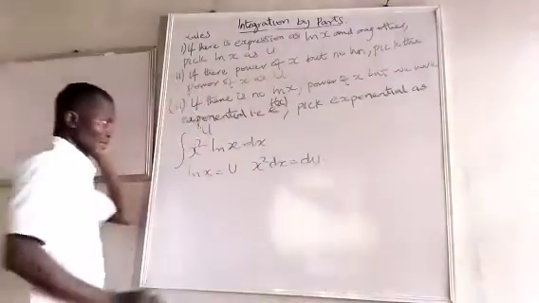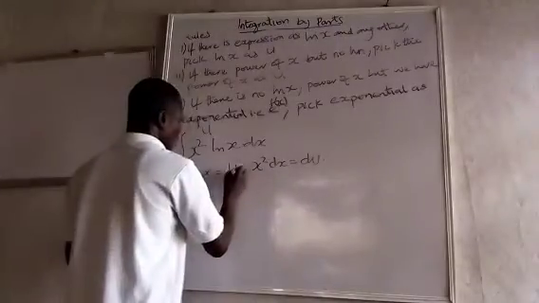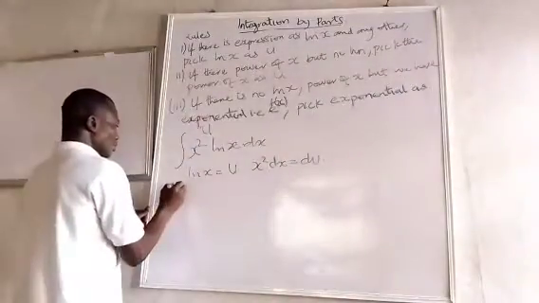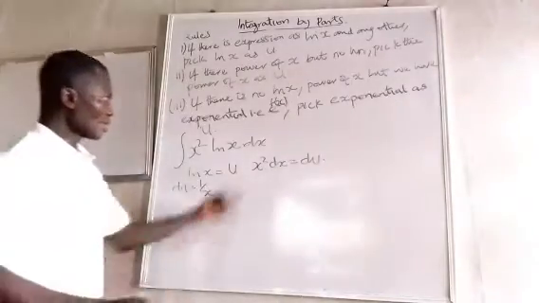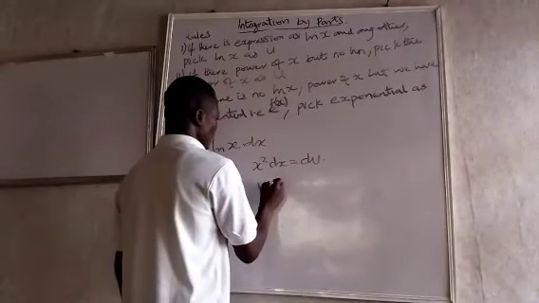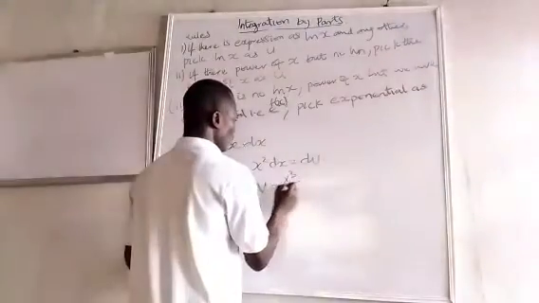That is the first step. Then we differentiate this and integrate this. So du is equal to 1 over x, and v is equal to x cubed over 3.